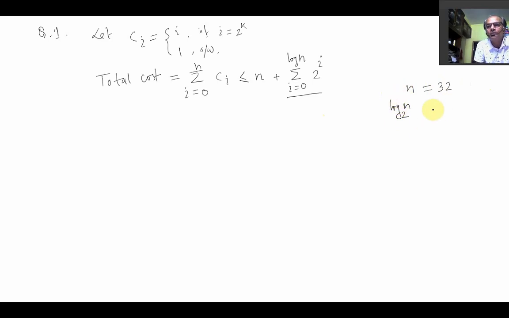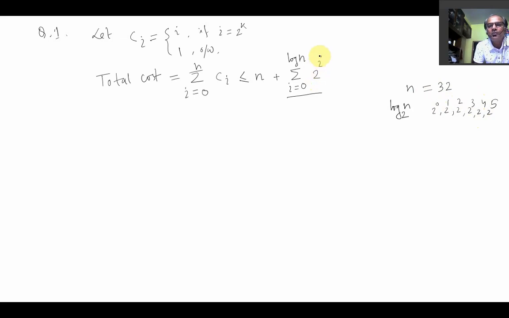That is 2 power 0, 2 power 1, 2 power 2, 2 power 3, 2 power 4, and 2 power 5. These are the terms, right? That means this power will give you the number of terms, that is basically log n, because log 32 is 5. So log n plus 1 means approximately it is log n, right?